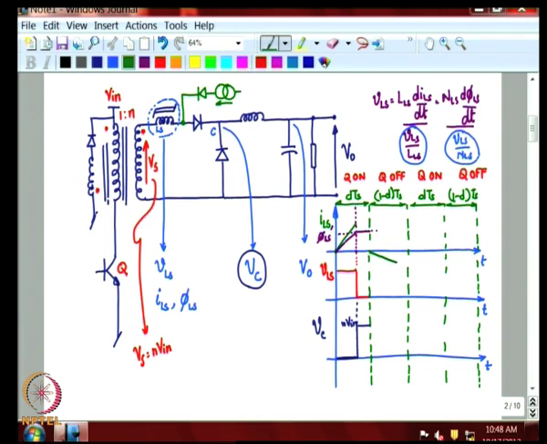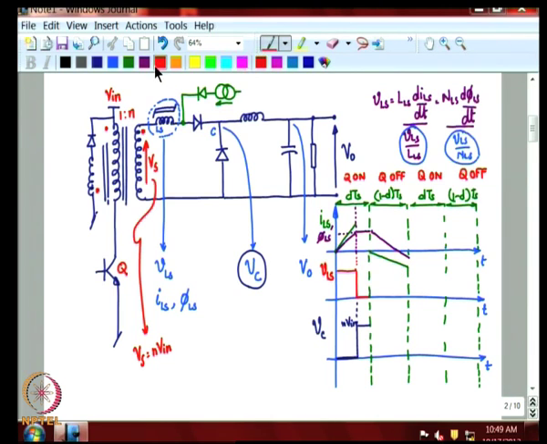Let us say the current goes in this fashion, and therefore, as a result, the flux also goes down by VLS by NLS. Now, let us say it goes and settles down at that point.